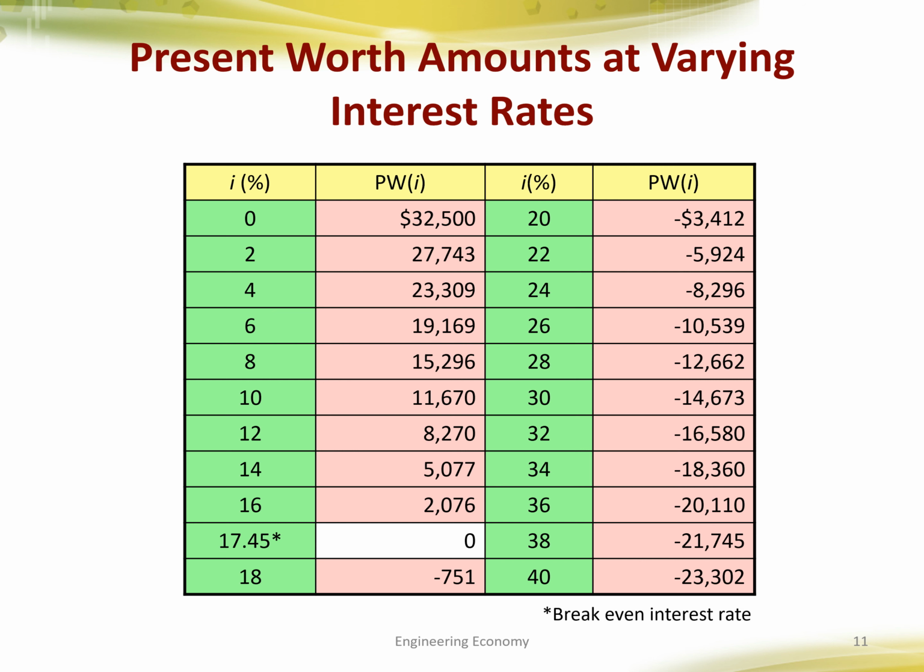We use 15% as the interest rate and we get a net present value which is positive. So what if we decrease the interest rate? What will be the consequence? Will the present worth be bigger or smaller, and why?